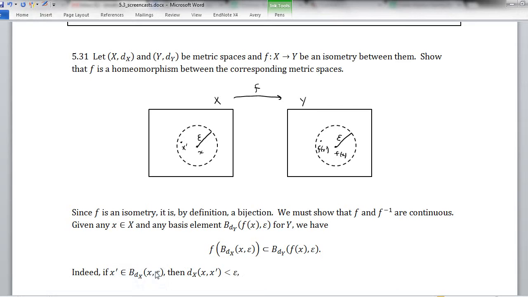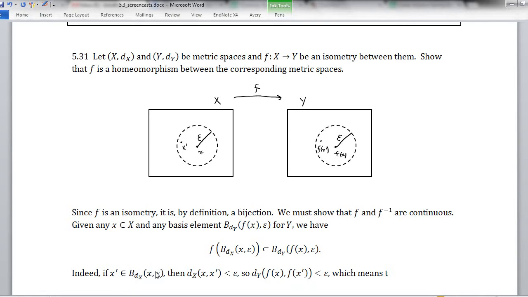But that distance is equal to the distance in Y from f of x to f of x prime, since f is an isometry, and since it's equal, it too has to be less than epsilon.